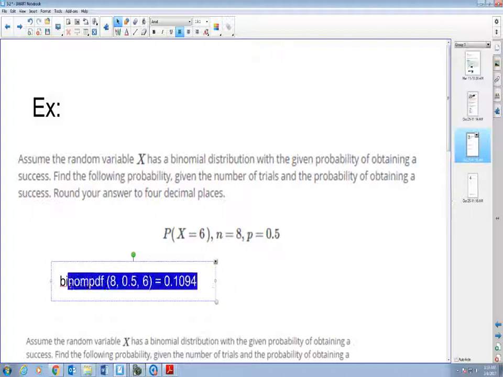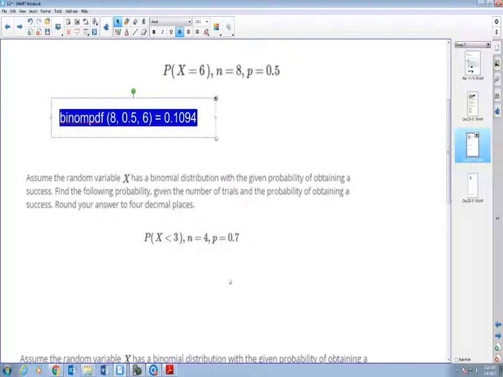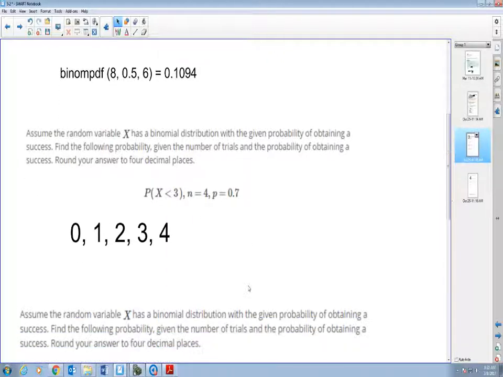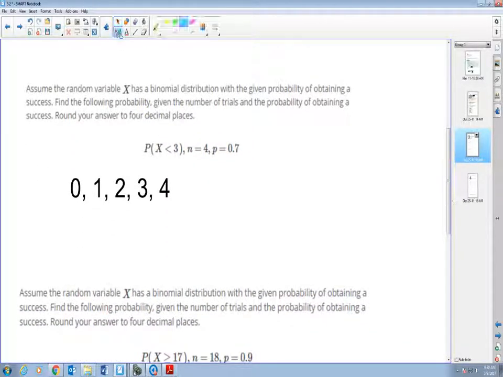Alright, the next example. Same thing, but this time it's less than 3. I have 4 trials: 0, 1, 2, 3, all the way up to 4. What I want is less than 3, so my number of successes has to be less than 3. That means I want from 0 all the way to 2, because it says less than.